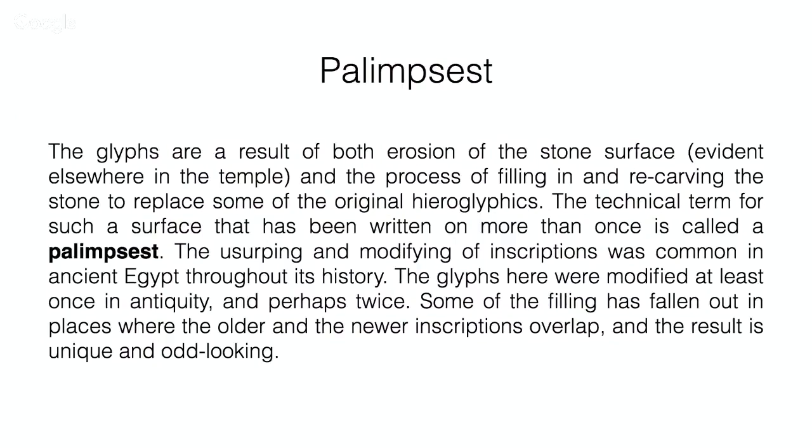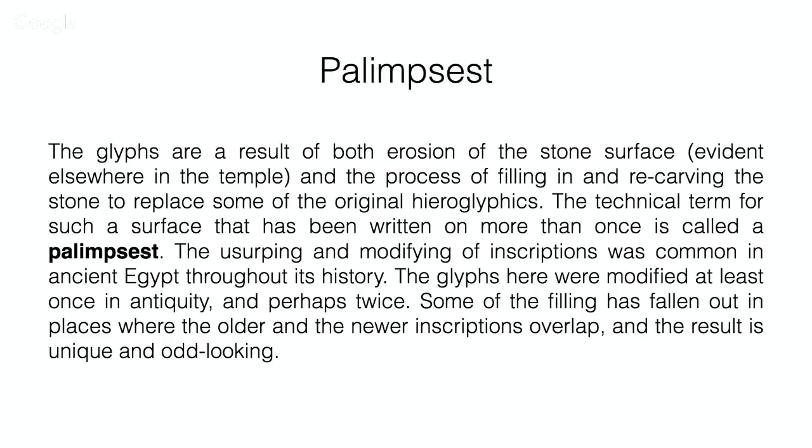The technical term for such a surface that has been written on more than once is called a palimpsest. The usurping and modifying of inscriptions was common in ancient Egypt throughout its entire history. The glyphs here were modified at least once in antiquity and perhaps twice. Some of the filling has fallen out in the places where the older and the newer inscriptions overlap, and the result is unique and odd looking.